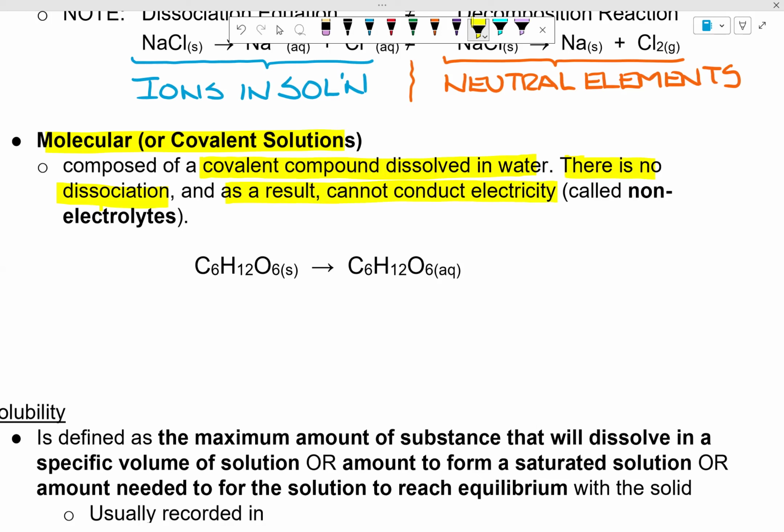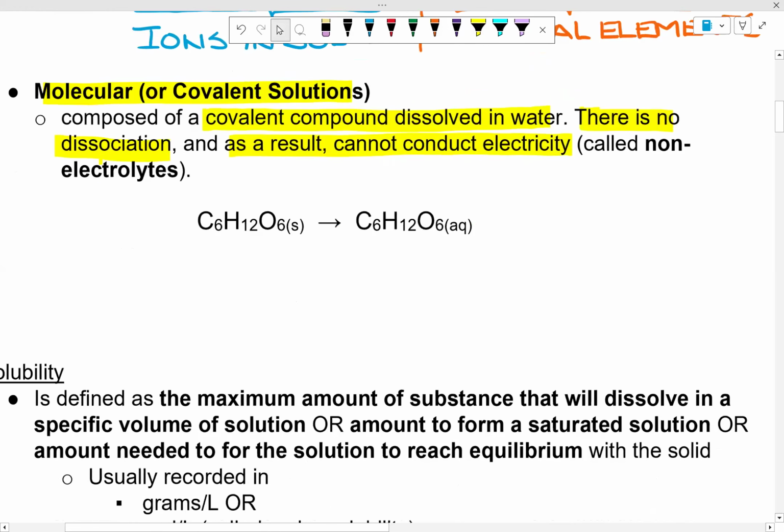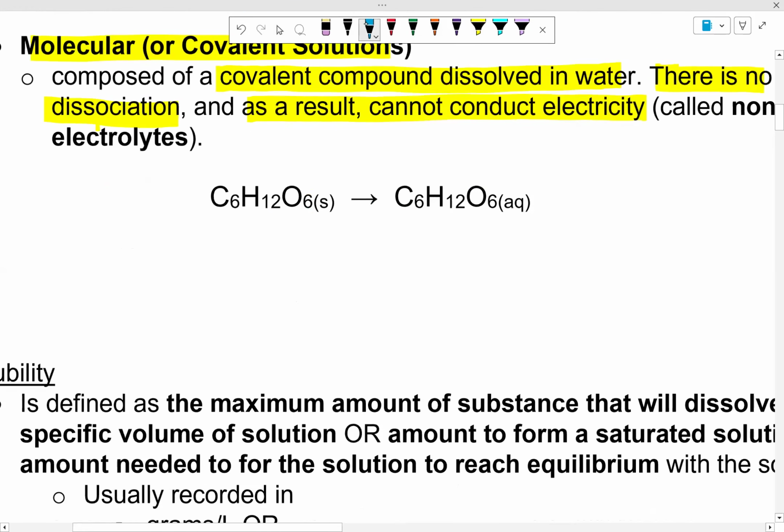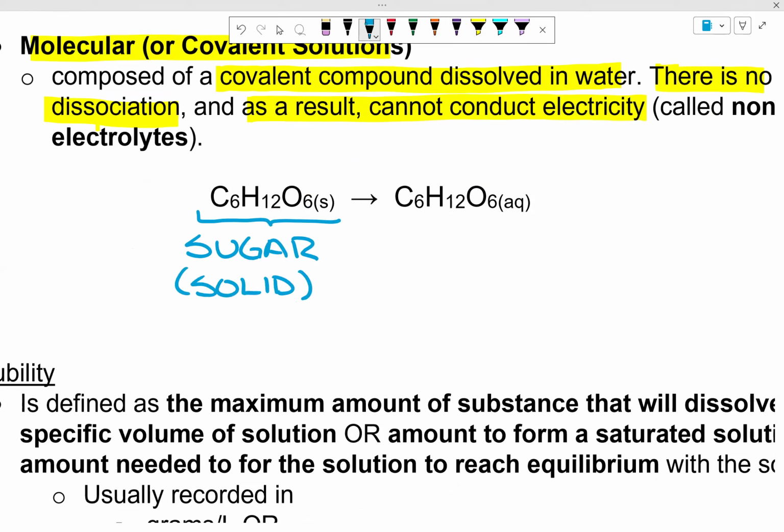Another name for that is a non-electrolyte. An example would be what I have written down here: C6H12O6, which is sugar. Again, this would be the solid, the stuff like in sugar cubes.